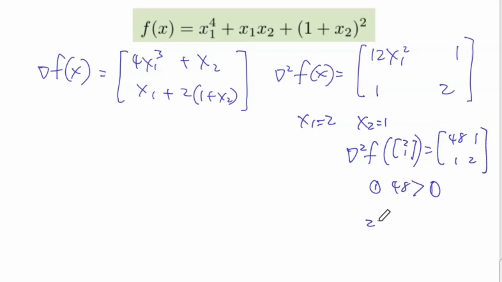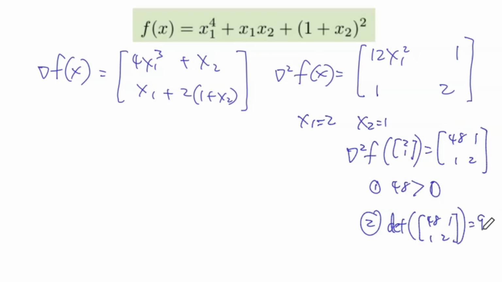And second, the determinant of 48, 1, 1, 2 is 96 minus 1, which is 95, greater than 0 also. So positive definite. Now let's continue.